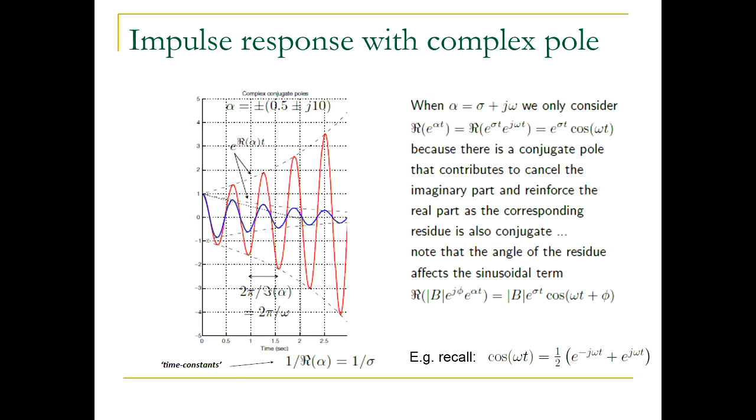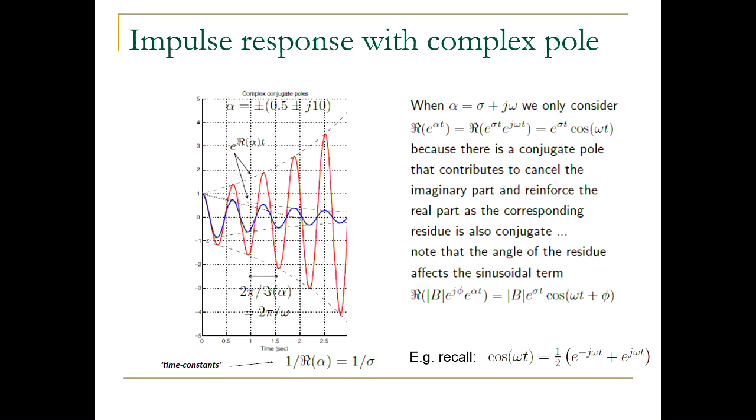Note that the exponential is e to the sigma t, where sigma is the real part of your pole. And the cosine depends on omega, cosine omega t, where omega is the imaginary part of the pole. So the time response depends on the real and imaginary parts of the pole.